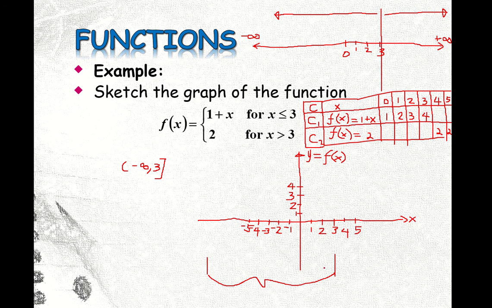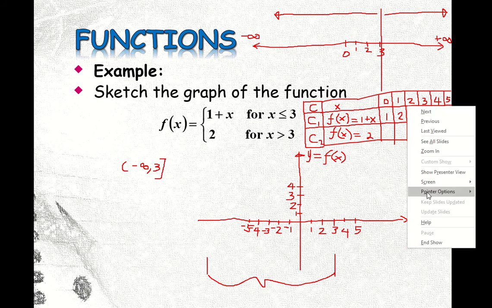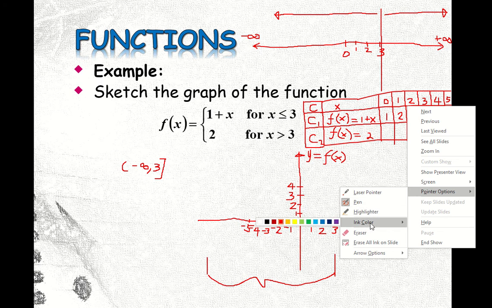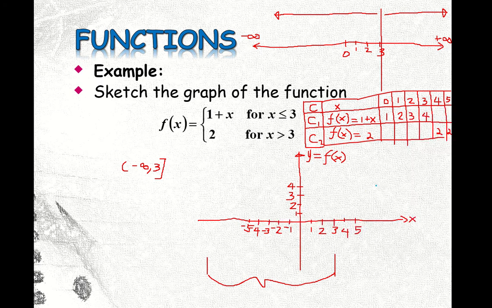If we graph this, when x equals 0, f of x is 1. I'll change this color first. Using this point here, that belongs to condition 1, x equal to 0, f of x is equal to 1, at this point here.